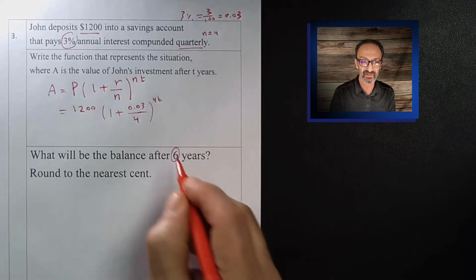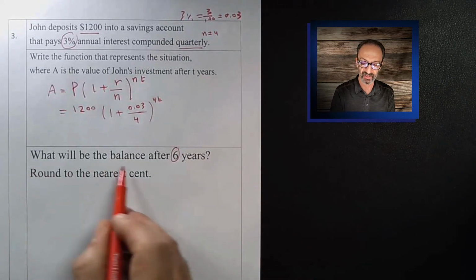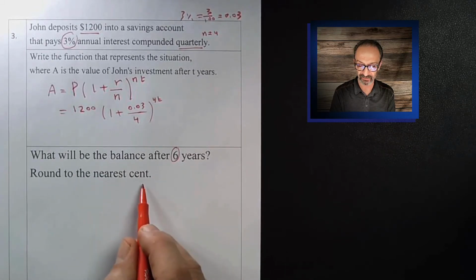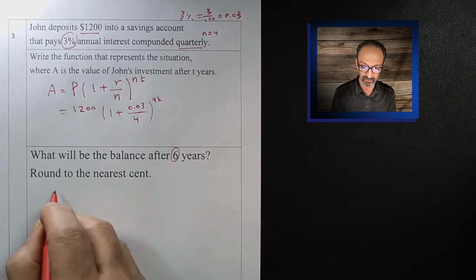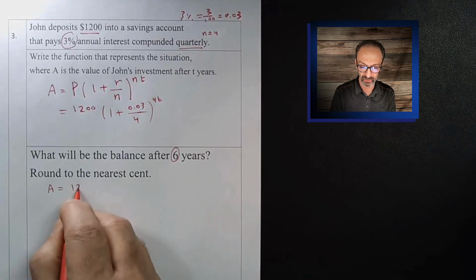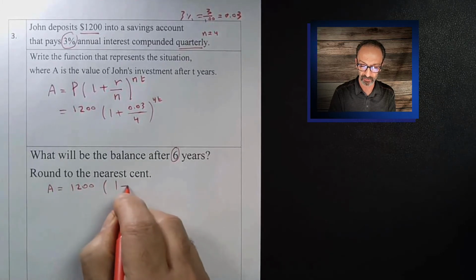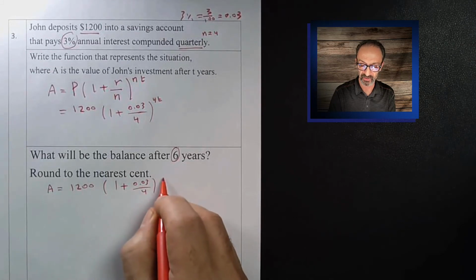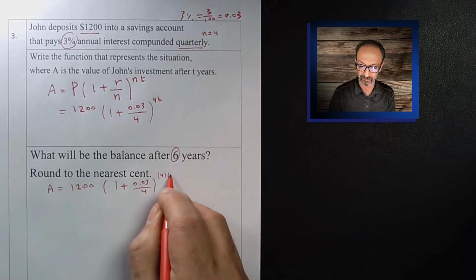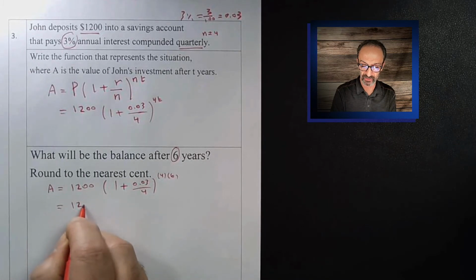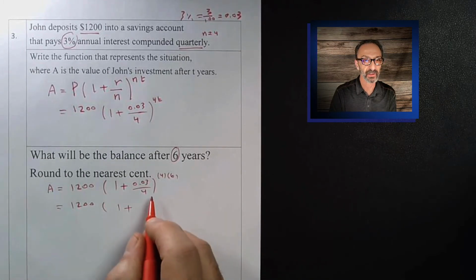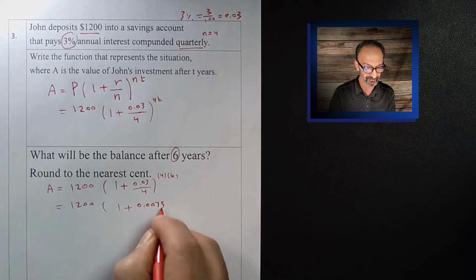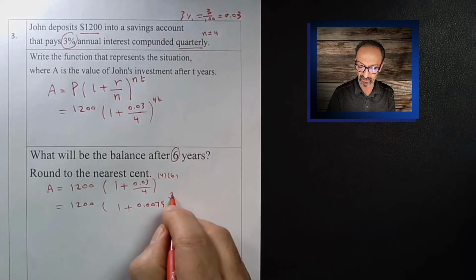When t is 6, to find the balance after 6 years, of course, since it's money, we're going to round to the nearest cent, 2 digits. The formula becomes 1200 times 1 plus 0.03 over 4, to the power 4 times 6 instead of 4 times t, which is 1200 times 1 plus 0.03 divided by 4, which is 0.0075. 4 times 6 is 24.